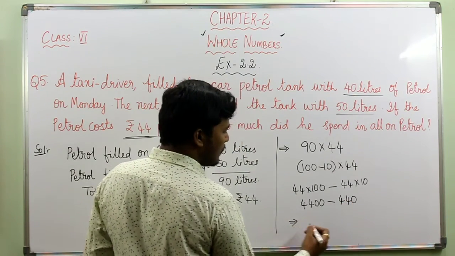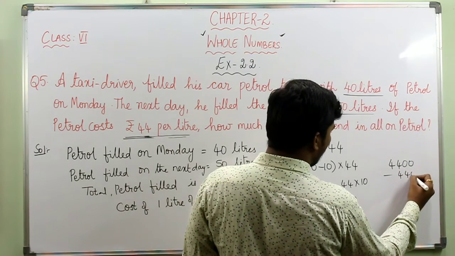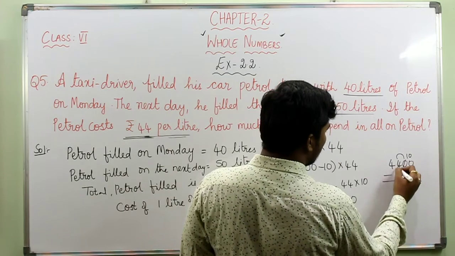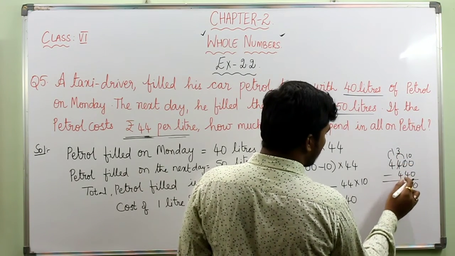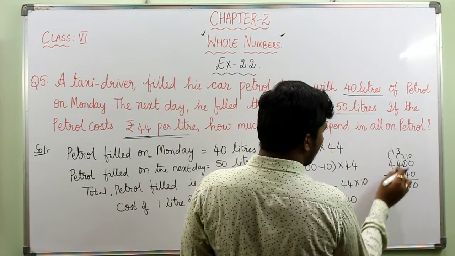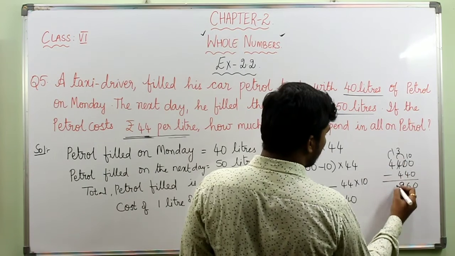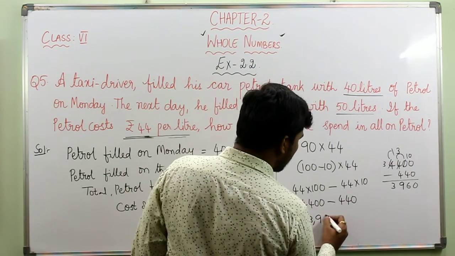Then if you subtract this, how much will you get? 4,400 minus 440. 0, 10 minus 4 is 6. Then 3 minus 4 is not possible, so we are borrowing. It will become 13 minus 4, which is equal to 9. So this has become 3. So 3,960.